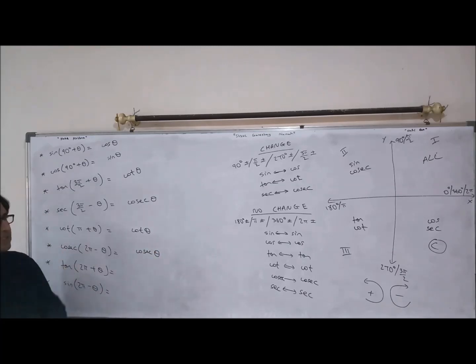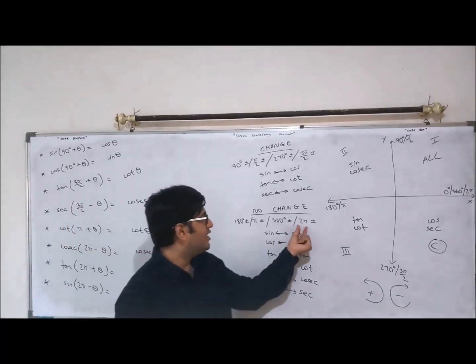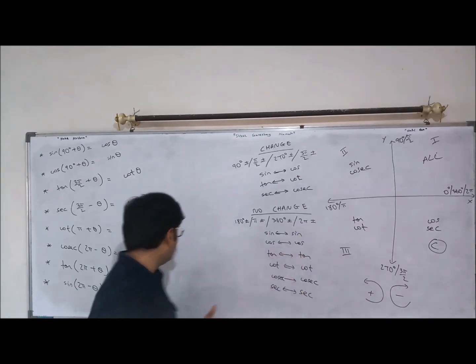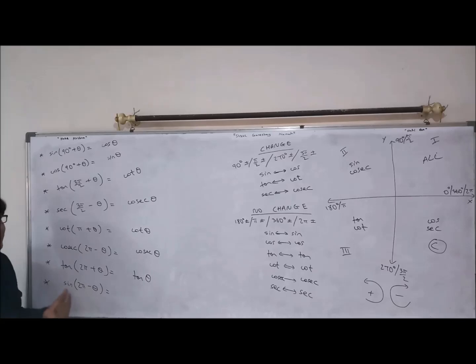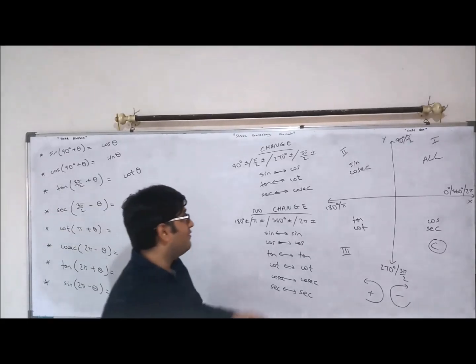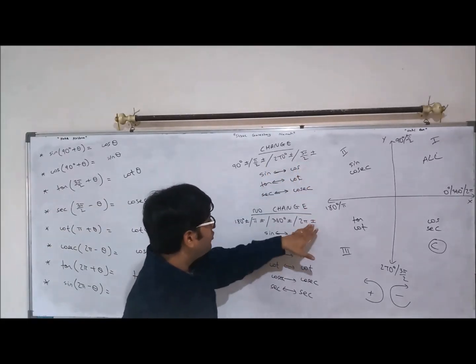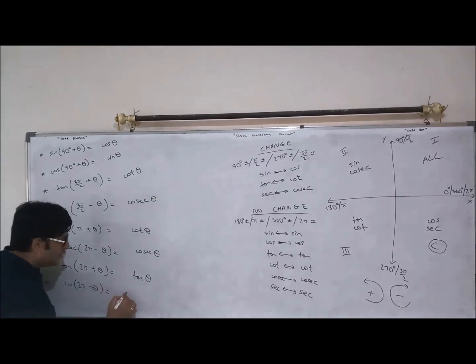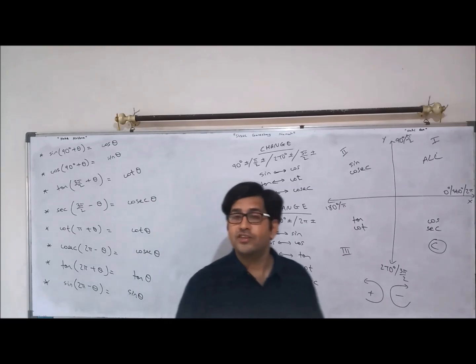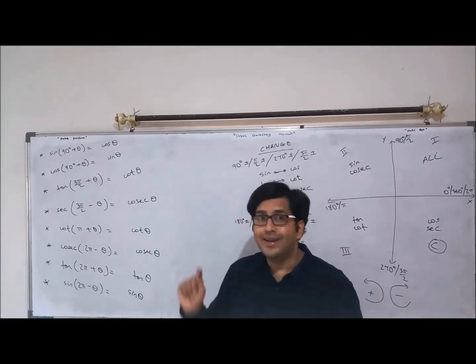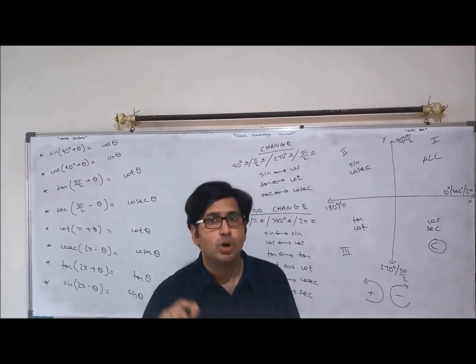Then tan 2 पाई प्लस थीटा, वापस 2 पाई आया, so there is no change, so tan would remain tan, so you get tan theta over here. Then sin 2 pi minus theta, 2 pi में again there is no change, so you are going to write down sin theta. Students, ये तो अभी फर्स्ट स्टेप हुआ है, तो what is the first step? You have to identify whether the trigonometric function will change or not change.